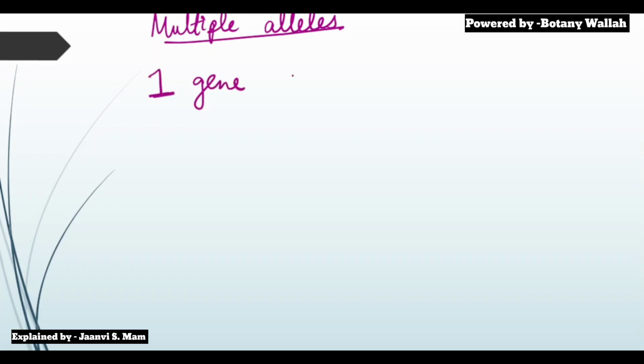First we will understand multiple allelism. Now what are multiple alleles? When there is one gene but it has many alleles.